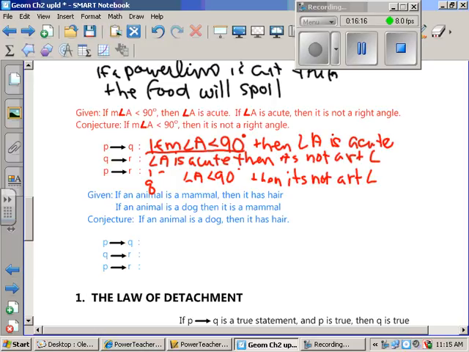Okay, so in this example, what would be if P then Q? Michaela, what would be if P then Q? Right, good. You have to start with, if it's a dog, then it's a mammal. And then what would be if Q, then R, Nikki?